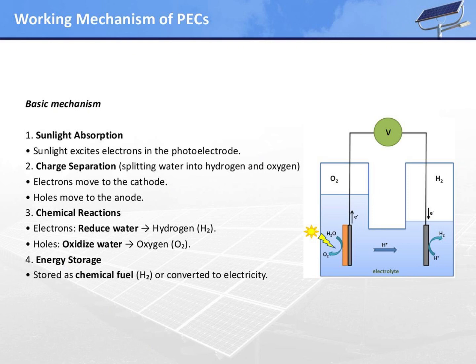At the cathode, the electron participates in a reduction reaction, splitting water molecule to produce hydrogen gas, a valuable fuel source. Simultaneously, at the anode, the hole drives an oxidation reaction, releasing oxygen gas. This entire process efficiently converts sunlight into storable chemical energy, which can later be used as hydrogen fuel or further converted into electricity for practical application.